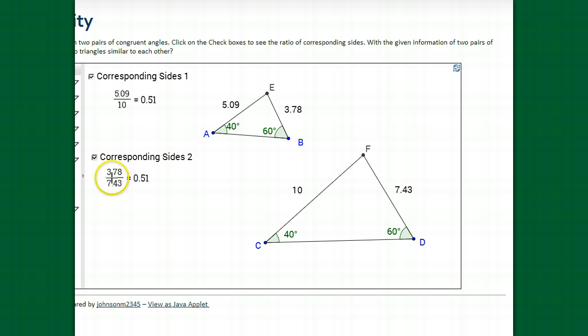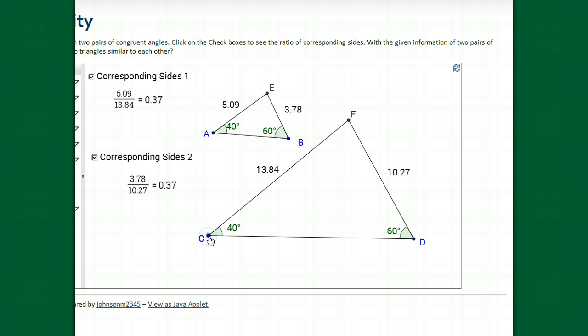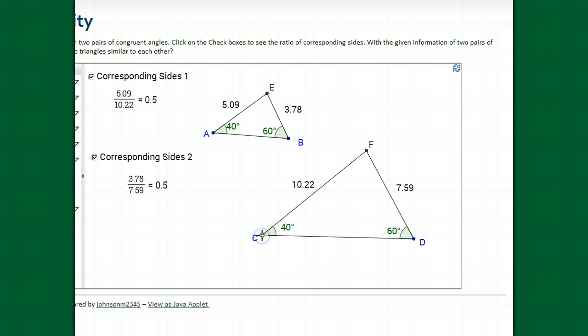But again, notice the ratio of those two sides. Okay? We started with just a 40-degree angle and a 60-degree angle, and that formed a triangle. When you extended those sides up, those two sides met at point E, those two sides met at point F to form the triangle. But notice these ratios are the same. Different side lengths, but the ratios of those corresponding sides are still the same.